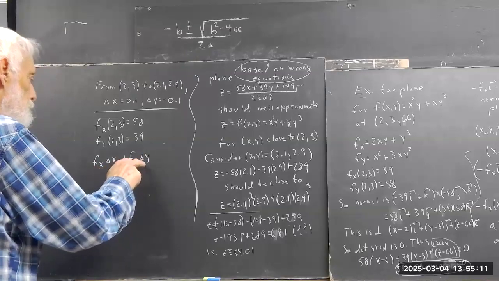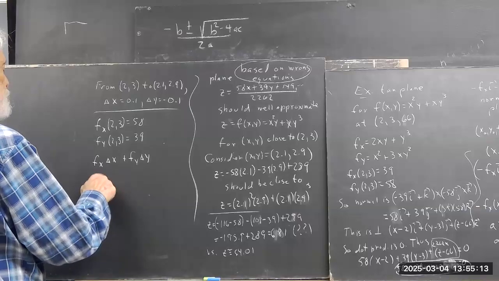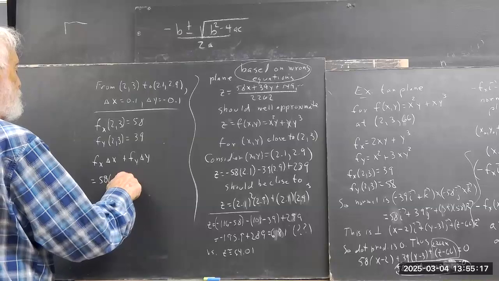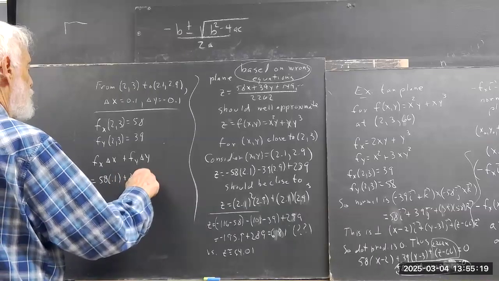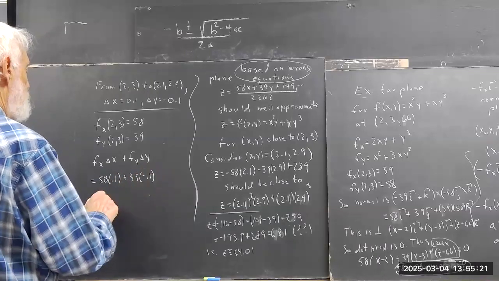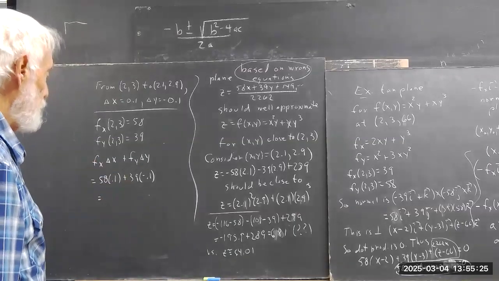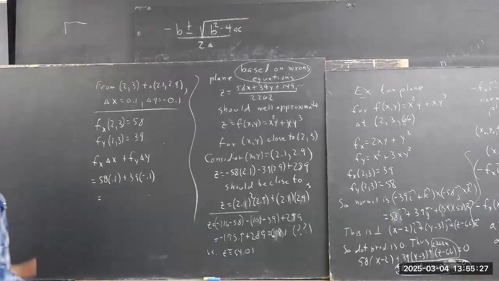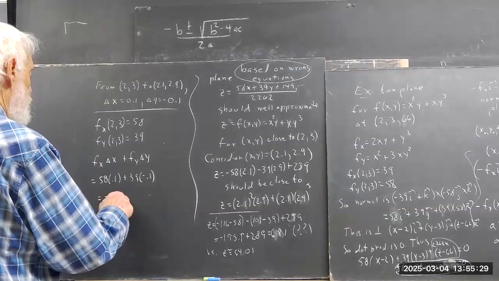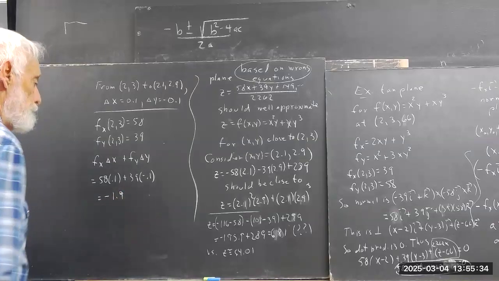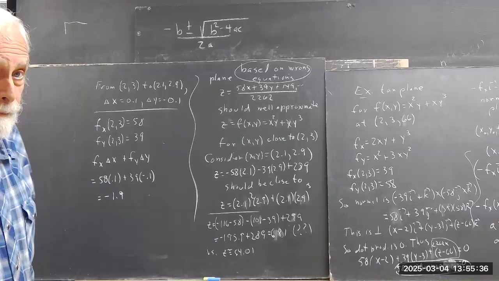Fx delta x plus Fy delta y is 58 times 0.1 plus 39 times negative 0.1. Well, that's just like 58 minus 39 times 0.1. 58 minus 39 is 19. That should be negative 1.9. Okay.